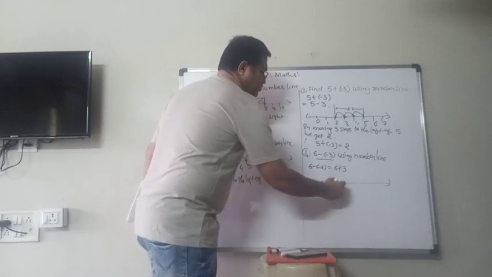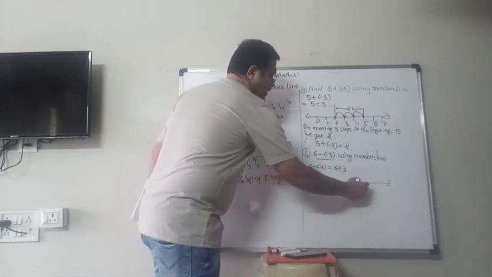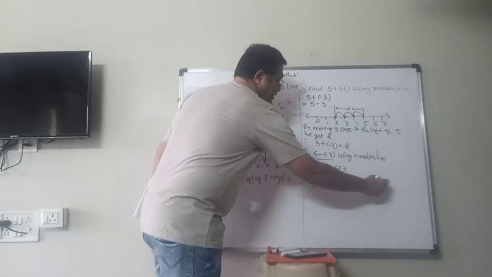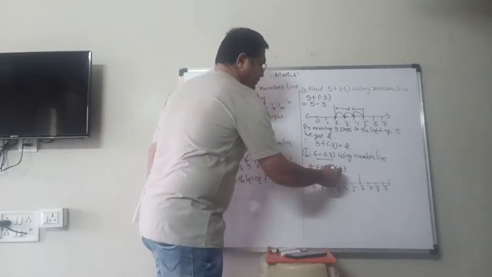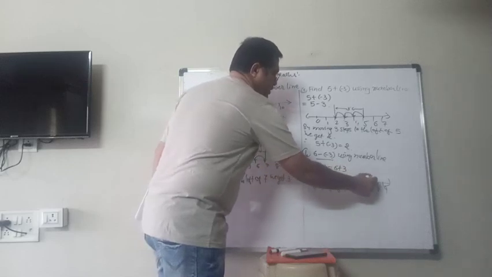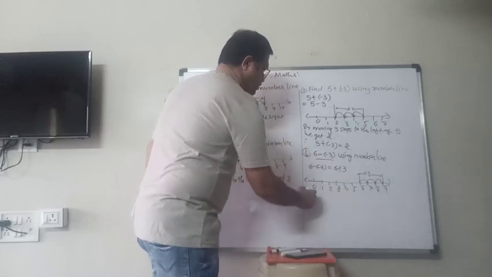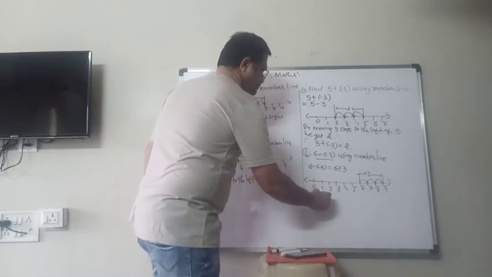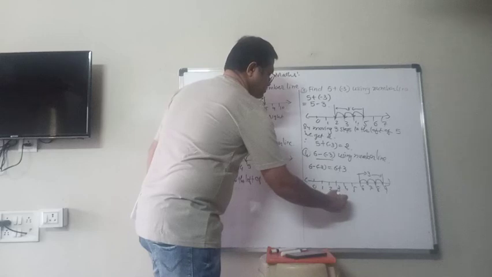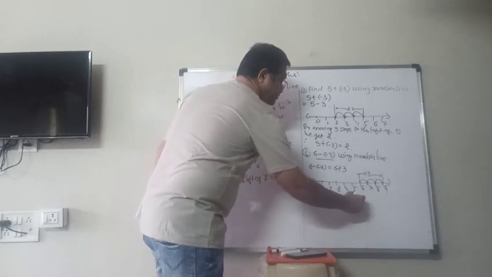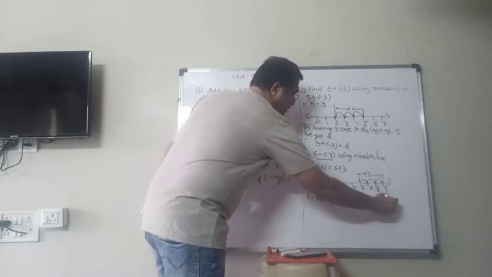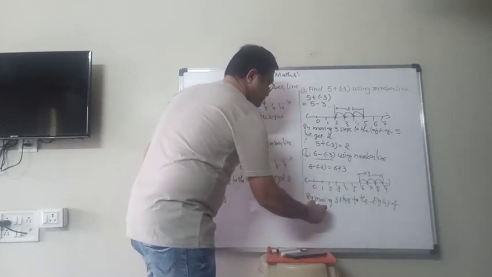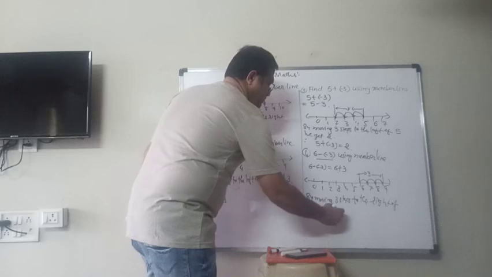So 0, 1, 2, 3, 4, 5, 6, 7, 8, 9. We have to start from 6, and plus means 1, 2 and 3. So by moving 3 steps to the right of 6, we get 9.